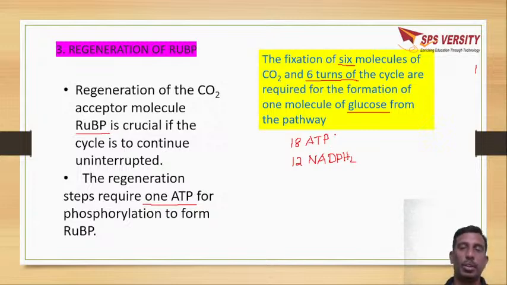For 18 ATP: for 1 CO2, 2 are used in reduction, 1 for regeneration, total 3.